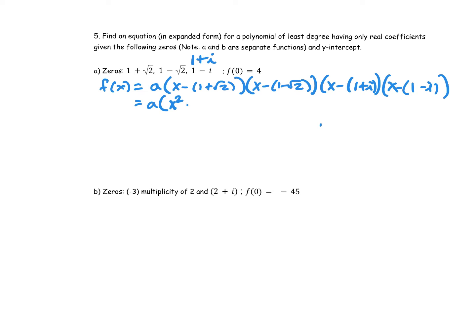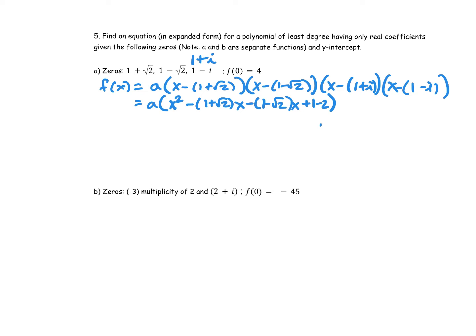So I've got x squared minus 1 plus root 2 x, and then minus 1 minus root 2 x, and then the two middle terms multiplied together. If I multiply 1 plus root 2 times 1 minus root 2, I'm going to get 1 minus 2. So plus 1 minus 2. That's the first grouping.